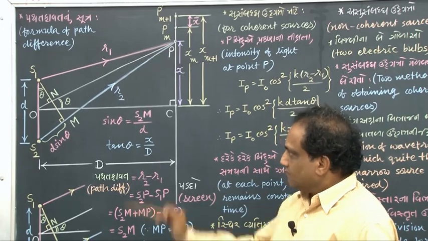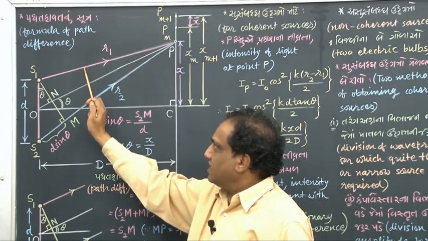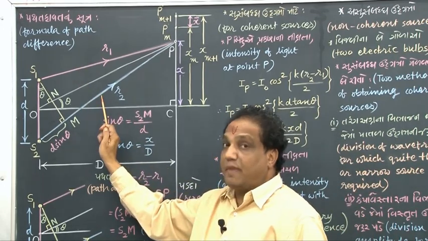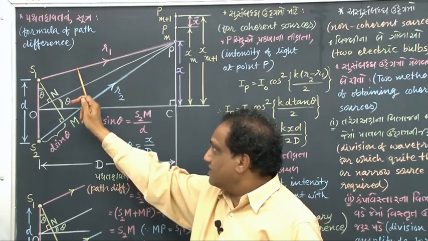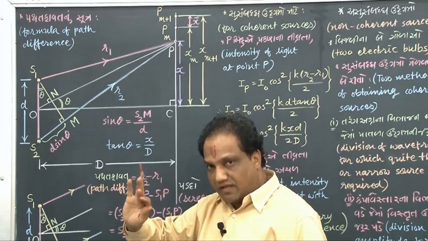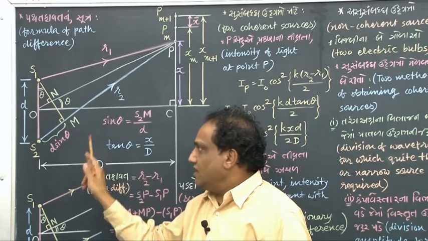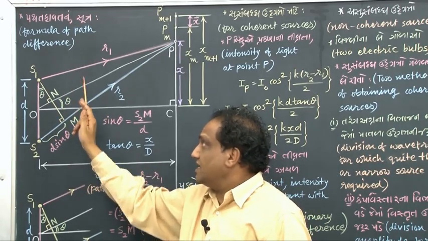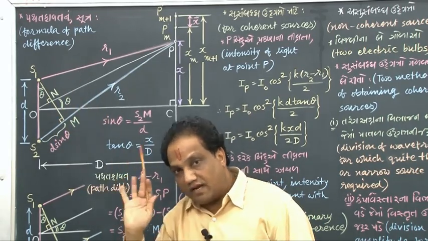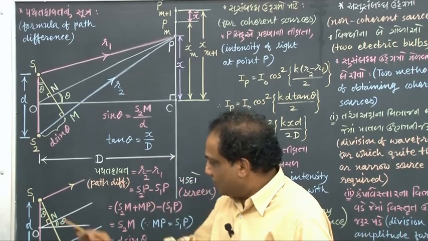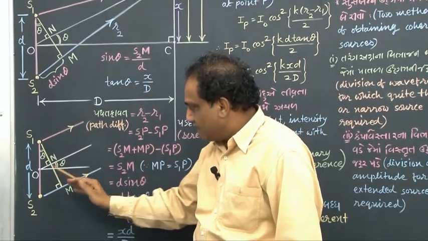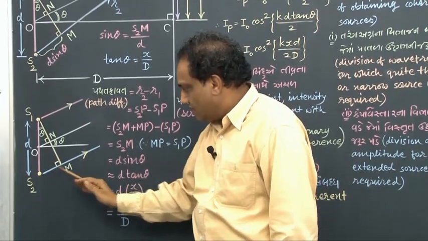Now, these three you may not find parallel in this figure, but actually near to these sources, these three are nearly parallel. You can see this one line segment, another, and a third one.